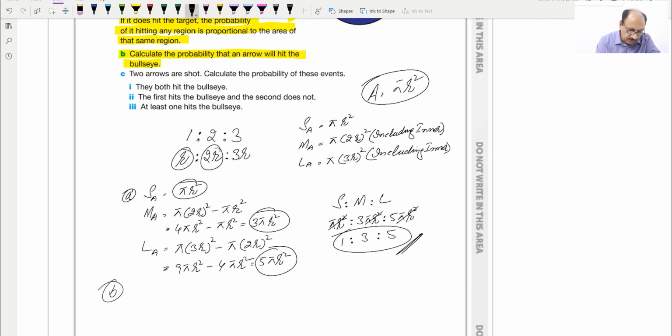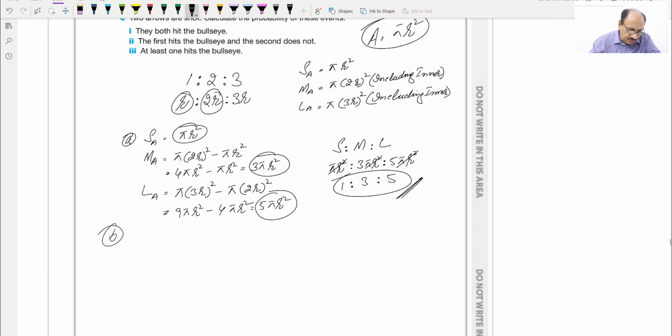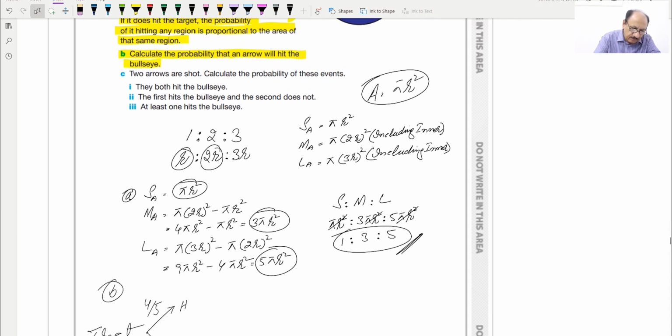Okay, now B part will be here. First we need to take the probability of hitting the target, which is 4 by 5. So not hitting will be 1 by 5, the remaining probability. And they are saying, given a hit on the target, calculate the probability that an arrow will hit the bull's eye.